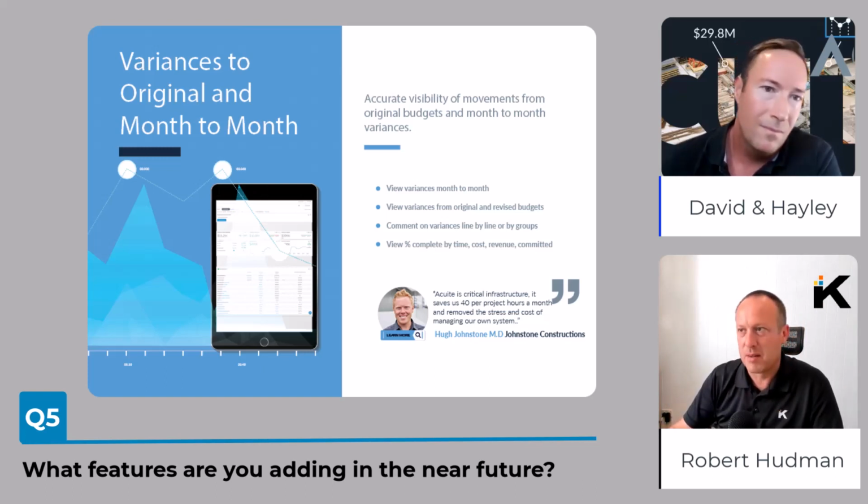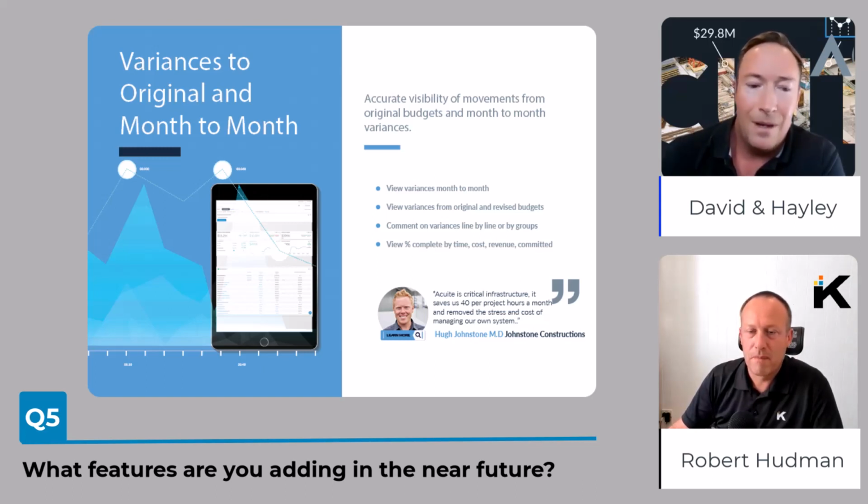Any updates or features or functionality that you're going to be adding in the future? Yeah, look, the roadmap is pretty massive. So where to start? I think the big focus is for us around the financial reporting, and also risk and opportunity. We're about to release some pretty advanced R&O functionality that can feed into Procore financials.